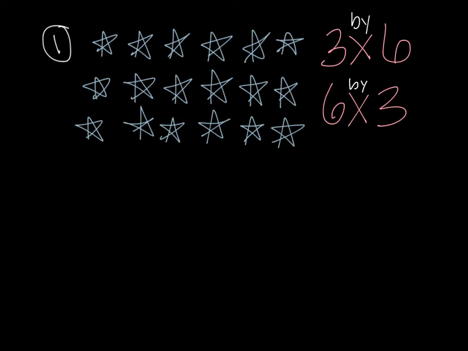After we figure out our dimensions, we're going to figure out the total. So if you already know your math facts, then you'll know that 6 times 3 equals 18, and you may be able to figure it out just like that. However, if you don't know your math facts, this is where you use the array to help you, and then you count your shapes. You can count by groups of 6, so 6, 12, 18.